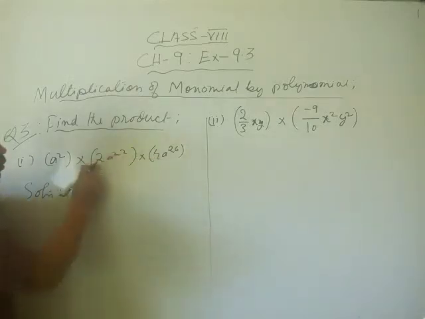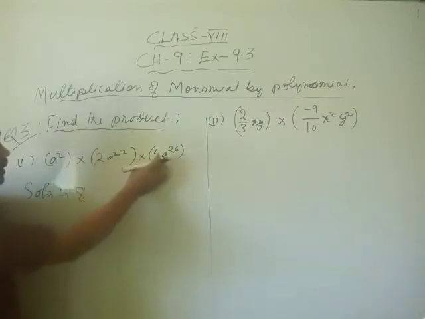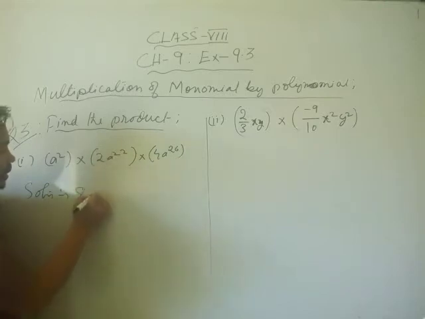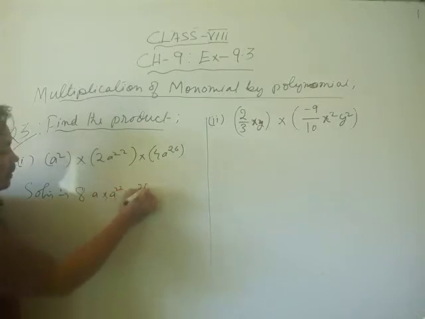Coefficients: here 4, here 2, here 1. 4 times 2 is 8, 8 times 1 will be 8. Next we have to multiply the letters a into a into a.